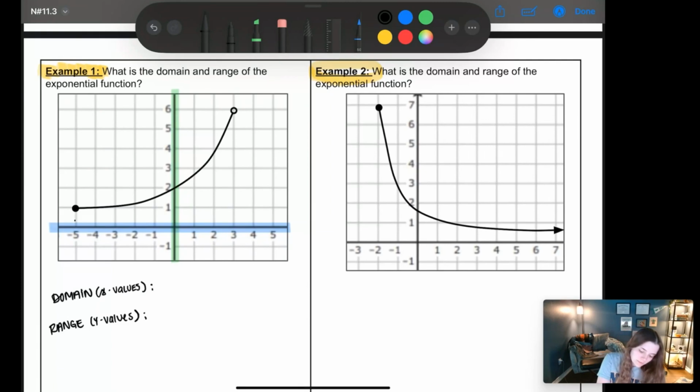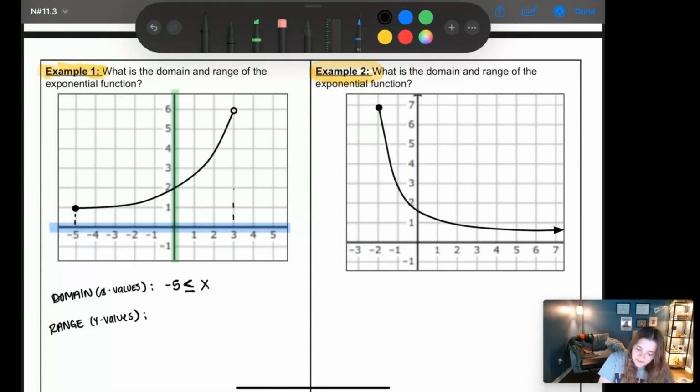We start from the left side at -5. The point is open or closed? Closed, right? It's filled out. It's all black. So that means the rest will be greater than that number or that number exactly. Okay, because it's included. And I'm looking at my x values. Then I go all the way to the right.